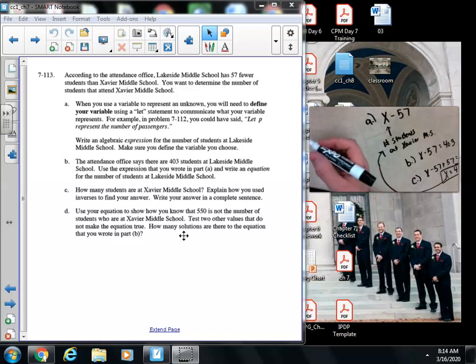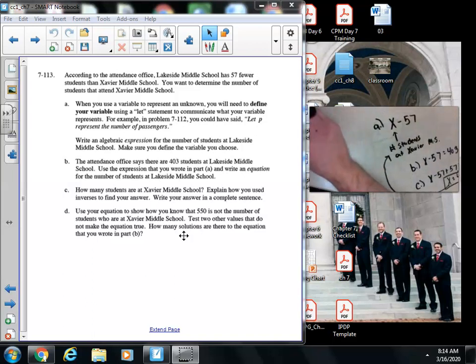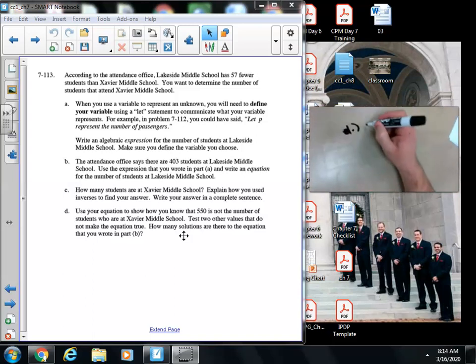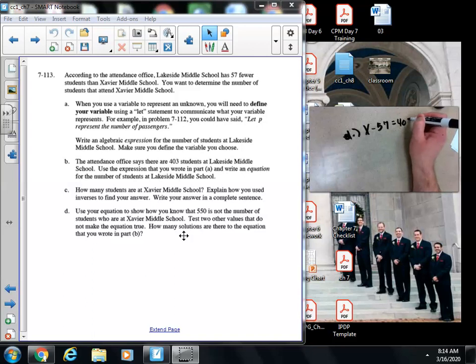So if we have this equation, x minus 57 is equal to 403, okay? We already know what x can equal. We just solved that. So we can do a lot of guessing and checking.